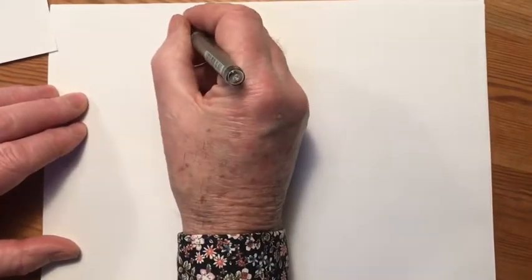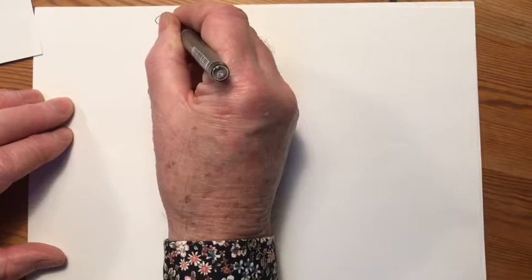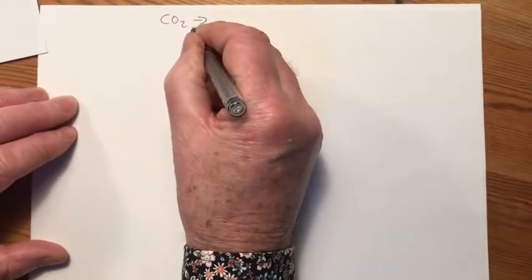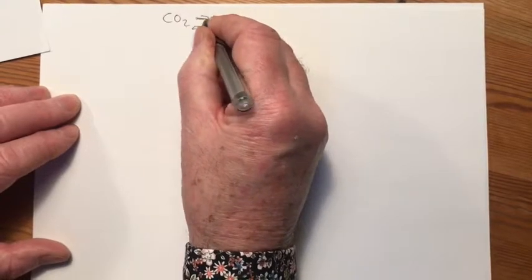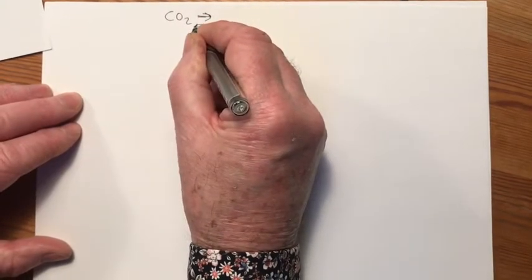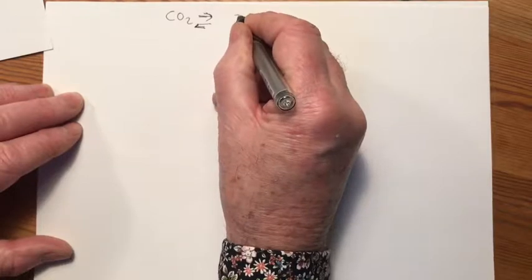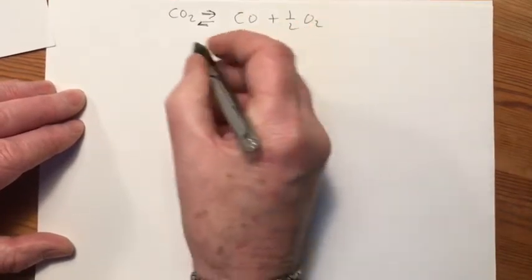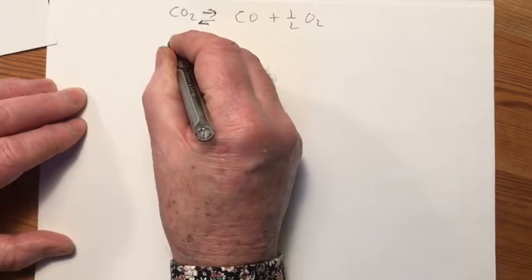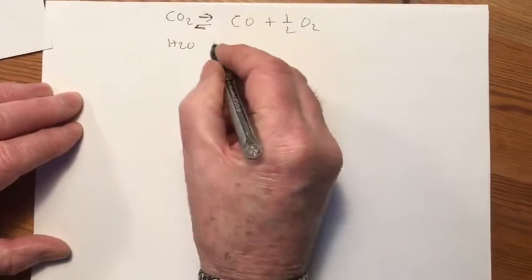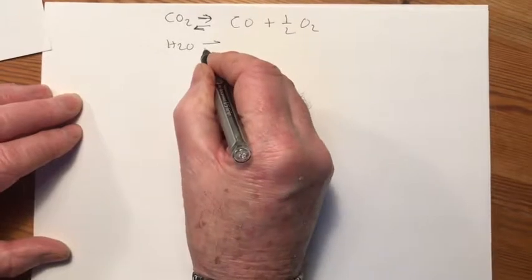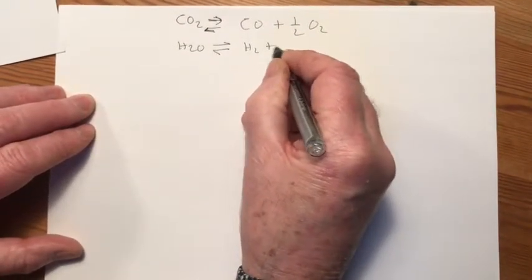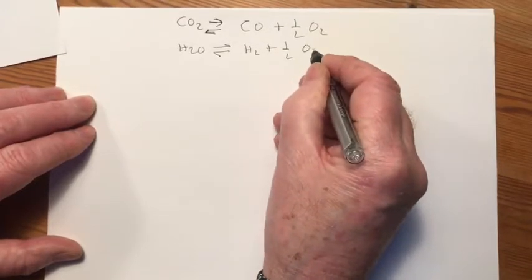Now, the reaction that I wrote before was CO2. This one goes forwards and backwards to CO plus 1/2O2. Another reaction would be H2O going forward and backwards to H2 plus 1/2O2.